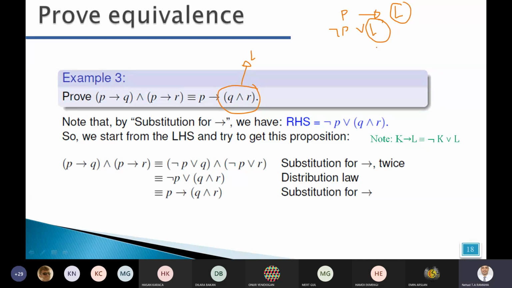Instead of L, you have Q and R. Then to reach this one, I need to reach this one. This is the law. Okay.